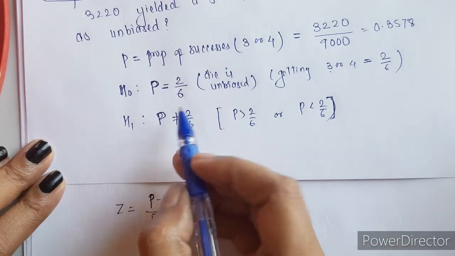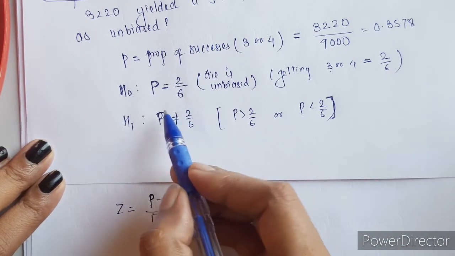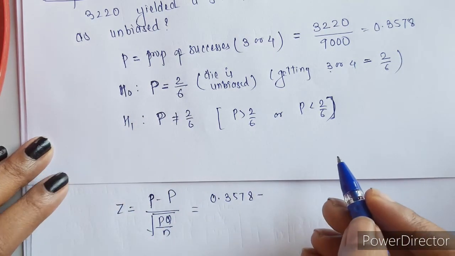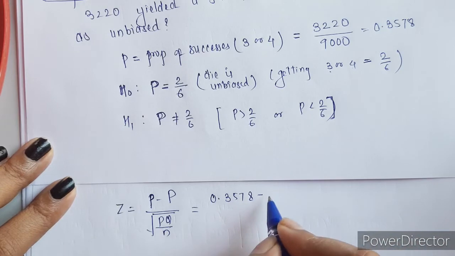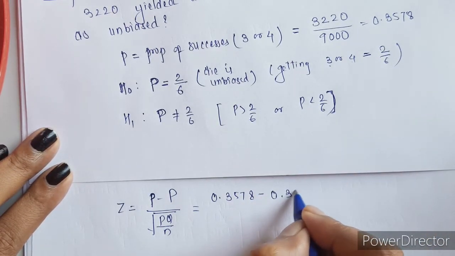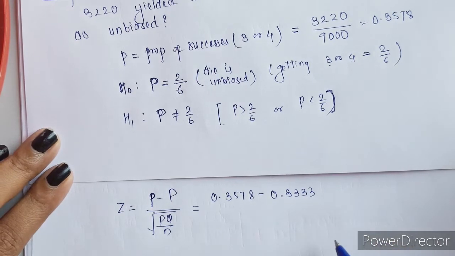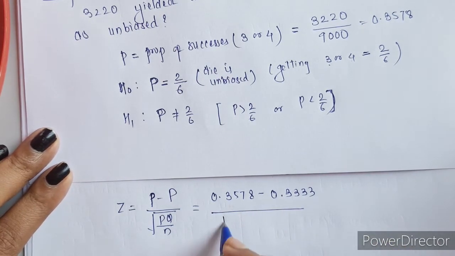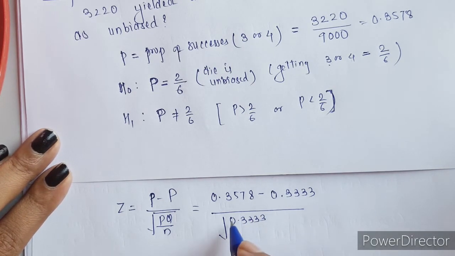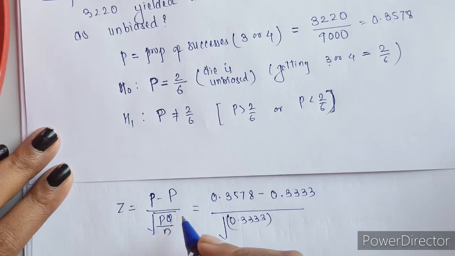And population proportion is 2 by 6, which is nothing but 0.3333, upon root of 0.3333 and Q. What will be Q?